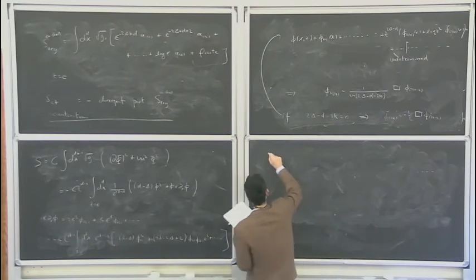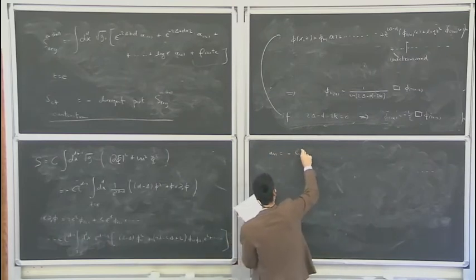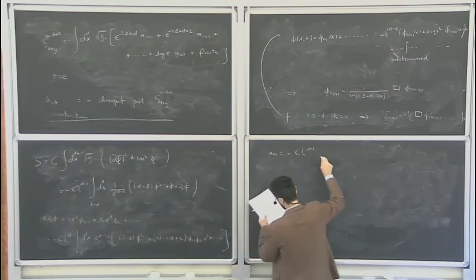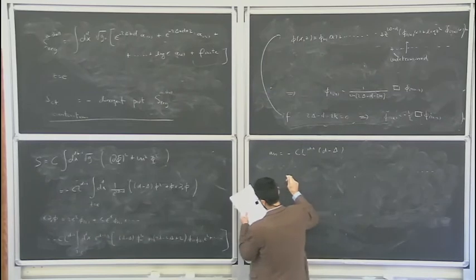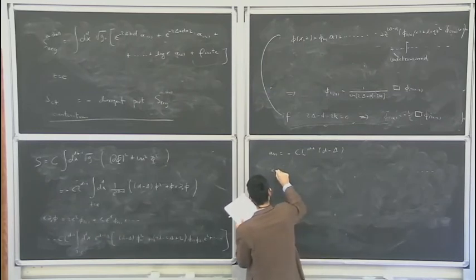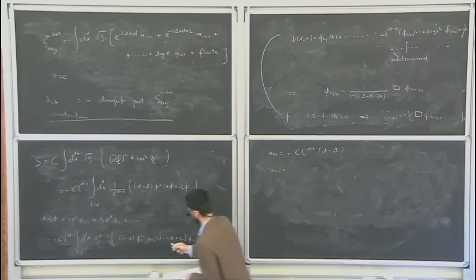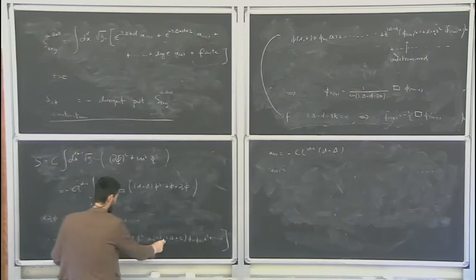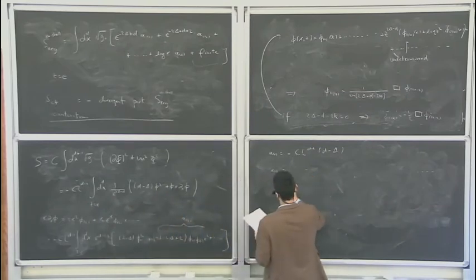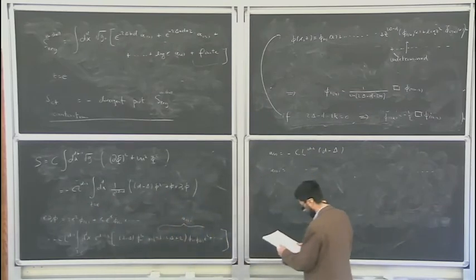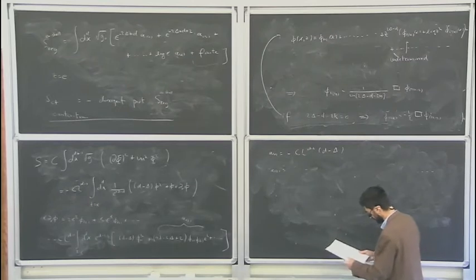So in particular, we have that A0 is equal to minus C L to D minus 1, D minus delta. A2 is equal to this, well, let's say this was A0, then this is A2. Okay, so you can really continue and determine all the terms.